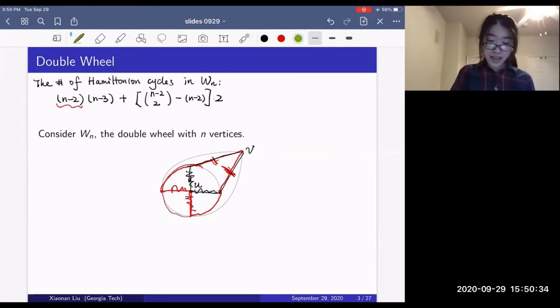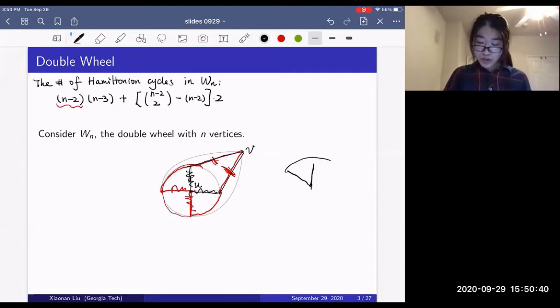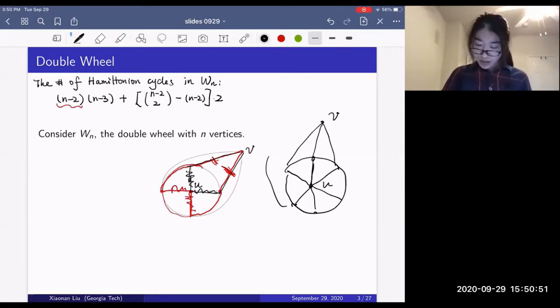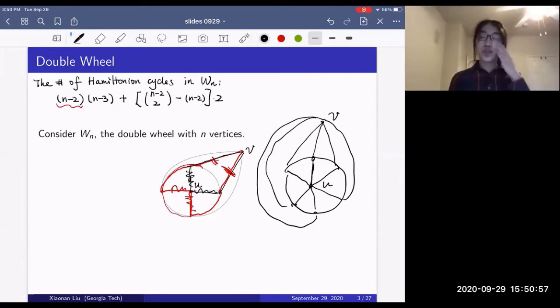The second class is as follows. In the double wheel, this is V and this is U, and they are all edges. Now if we choose two edges incident with V which are not contained in one triangle, like this, what can we say about the two edges incident with U in a Hamiltonian cycle?